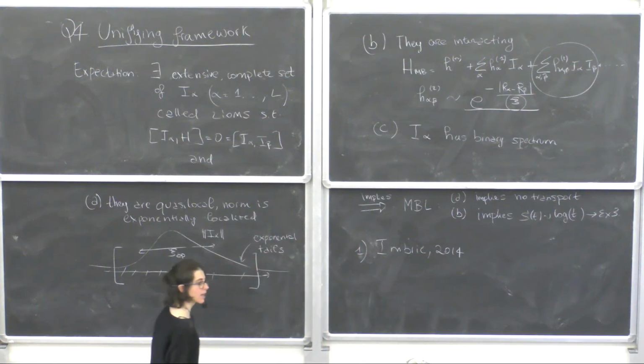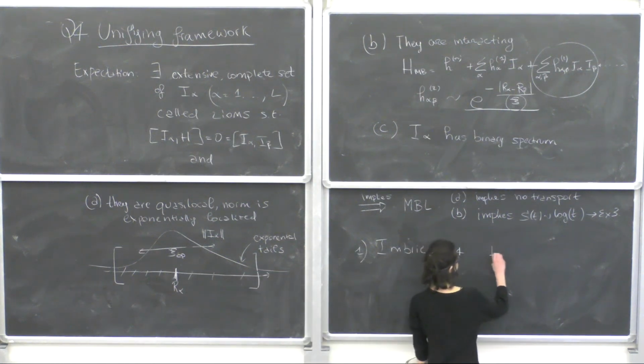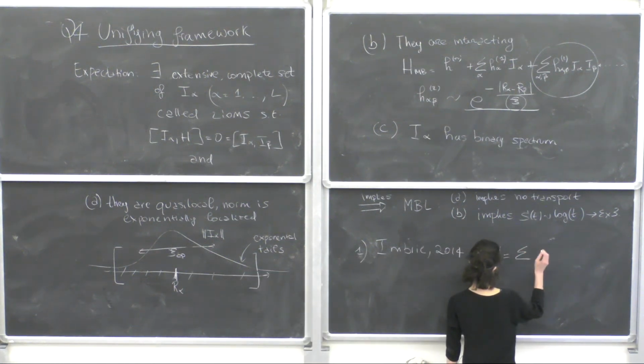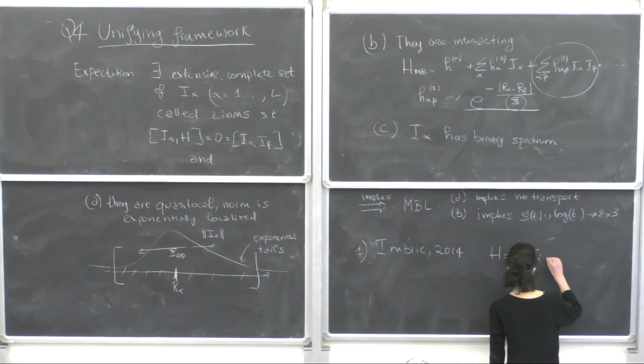Could you write rapidly the Hamiltonian considered by Imbrie, please? Yes, so it's a random field Ising model. It's all random, all the couplings are random.